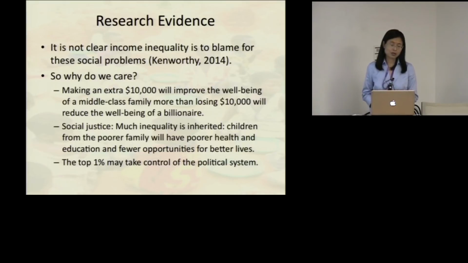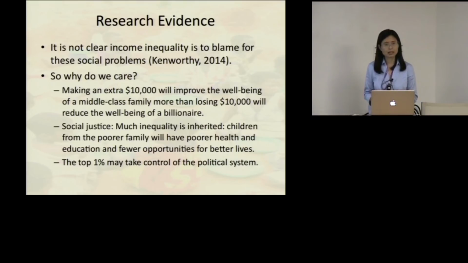Another issue is social justice, because a lot of this income inequality is inherited. Children who were born in poor families have less opportunity to have a better education, to go to a better college, to have better jobs as a result.